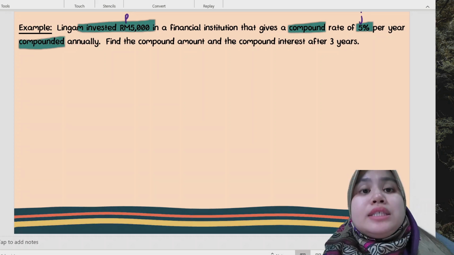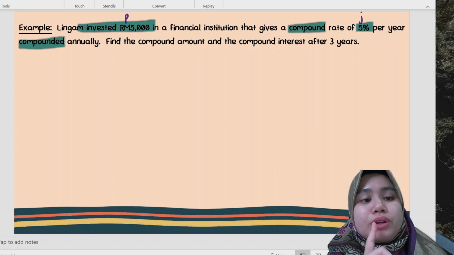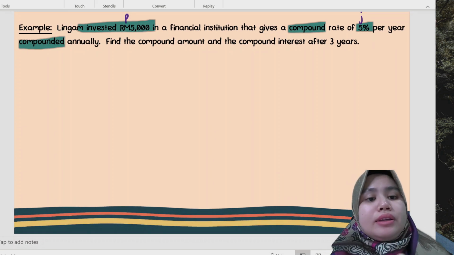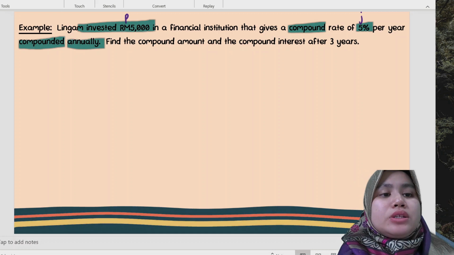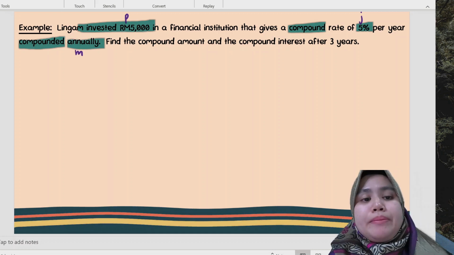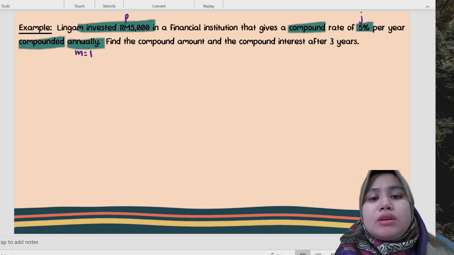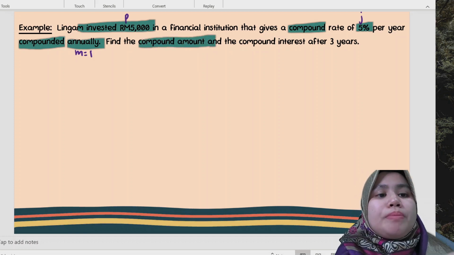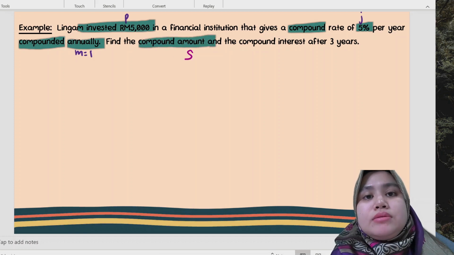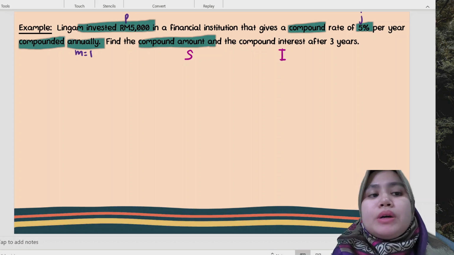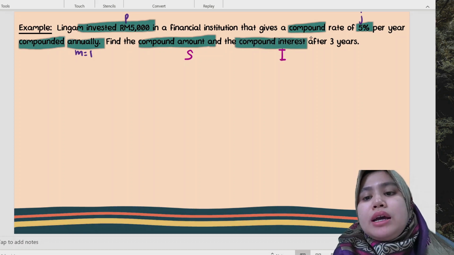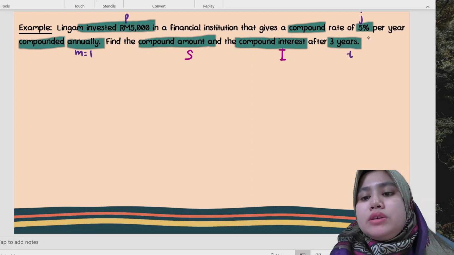So this is your J. Annually, that means your M is equal to 1. Find the compound amount. Compound amount needs your S, the value, and compound interest, which is your capital I, after 3 years. This is your T.